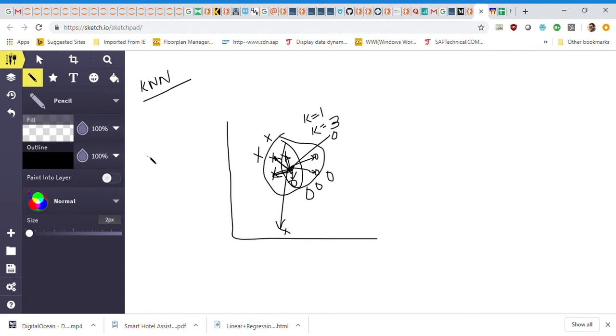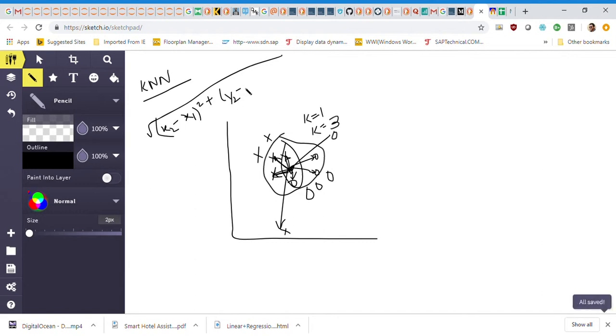So we work here with the distance formula: root of (x2 minus x1) whole square plus (y2 minus y1) whole square.